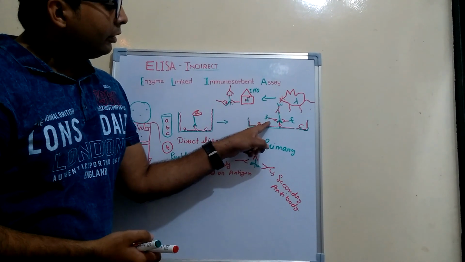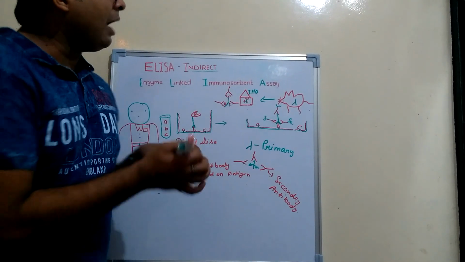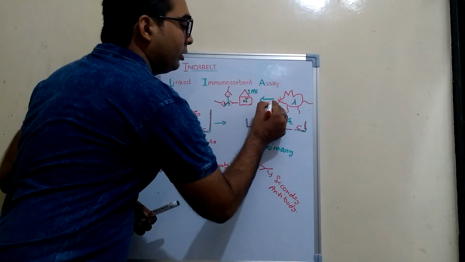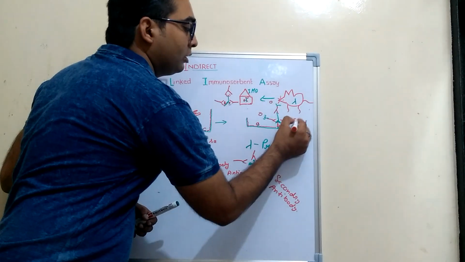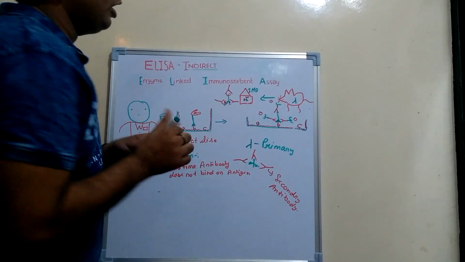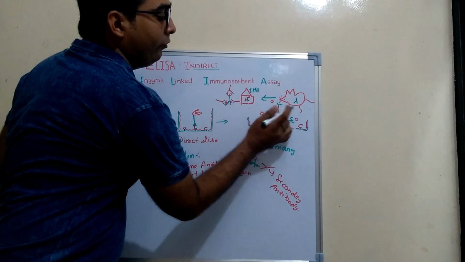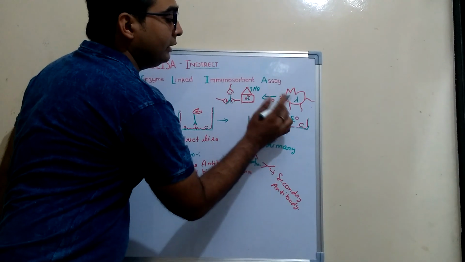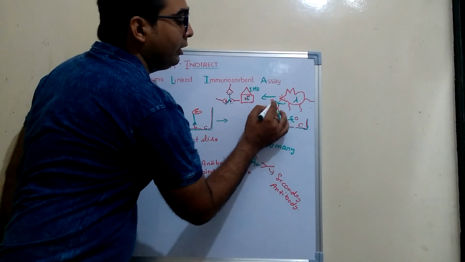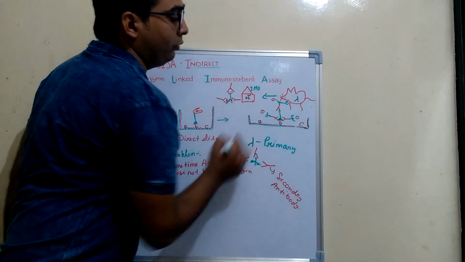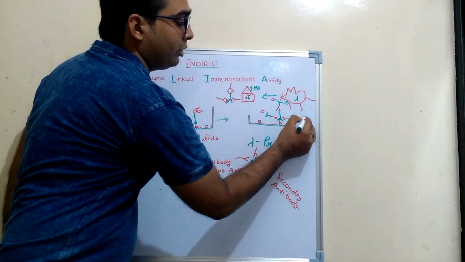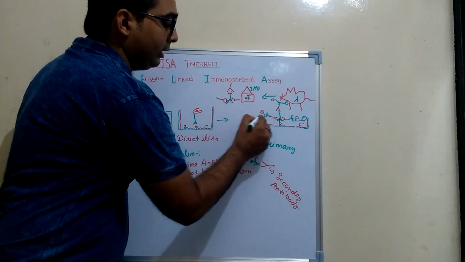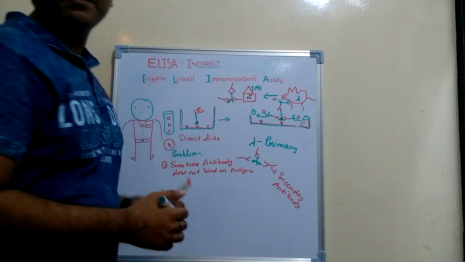Look at the scenario. If I give this substrate, this is substrate, this is substrate, this is substrate, this secondary antibody is enzyme linked, so this enzyme will convert the colorless substrate to colorful substrate, colorless substrate to colorful substrate, colorless substrate to colorful substrate.